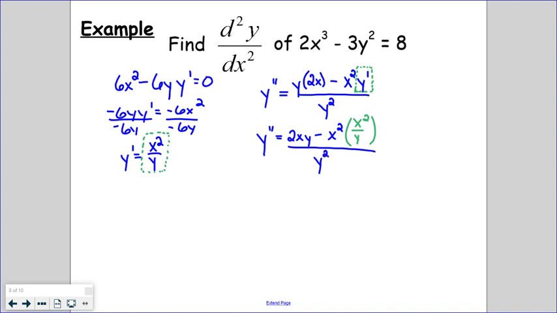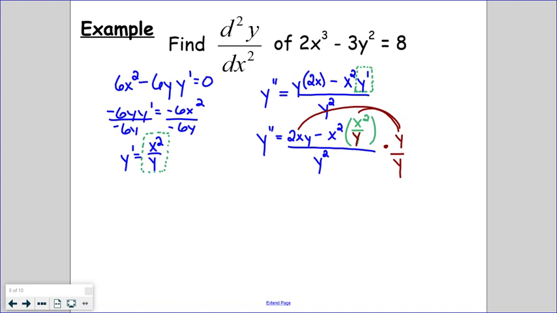Okay. Now, to clean this one up, I would get rid of that fraction. And there's a couple different ways you could do this. You could get a common denominator in the numerator, add those together, and then multiply by the reciprocal of the bottom. I could also just multiply this fraction by 1, and the 1 I would pick is whatever the denominator is. So if I were to multiply this fraction by y over y, again, I picked y because that's the denominator of this fraction. That would have to get distributed to both terms here.